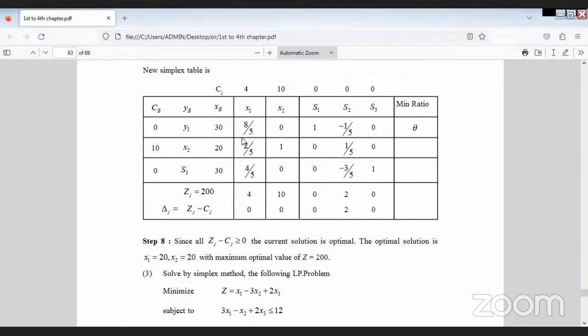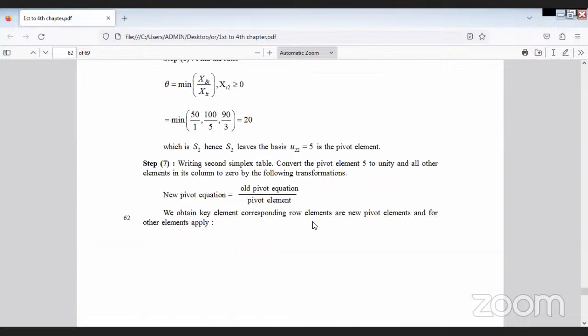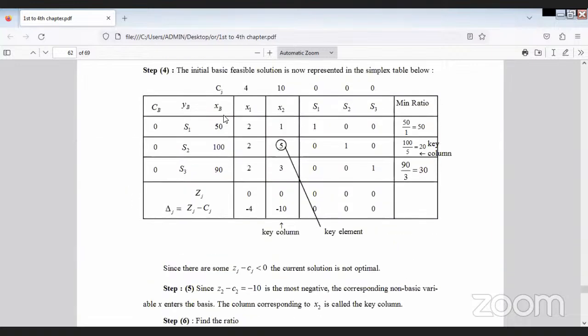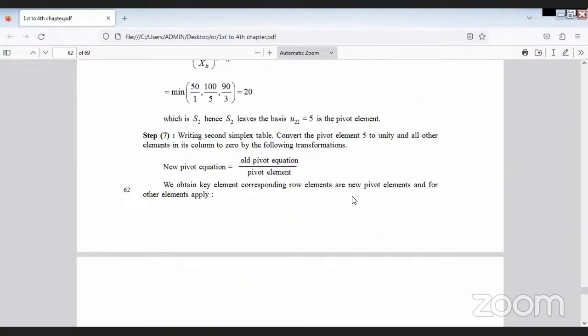ZJ is equal to 200. అది ఎట్లా వచ్చింది, ZJ is equal to 200? How it is came?